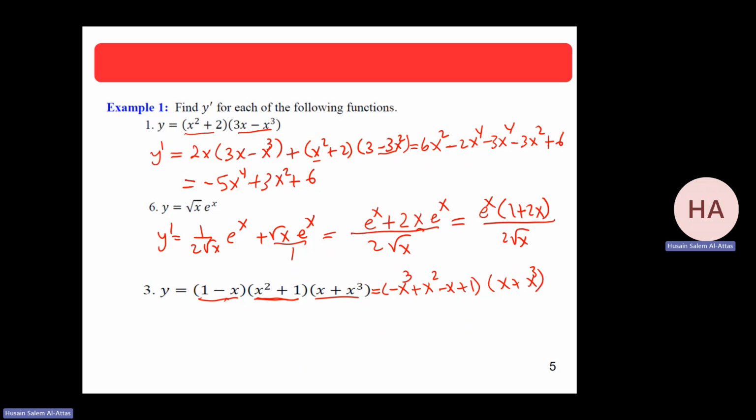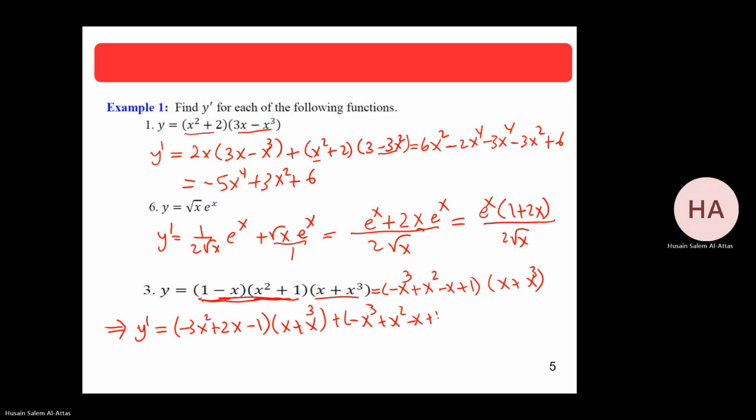Until now, I did not do the derivative. I just simplified. I did this product. So now I make it a product of two functions. So it will be y prime. That will be the derivative of the first, minus 3x squared plus 2x minus 1, times the second, plus the first times the derivative of the second, which is 1 plus 3x squared.